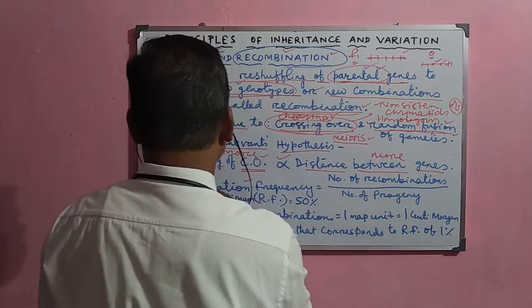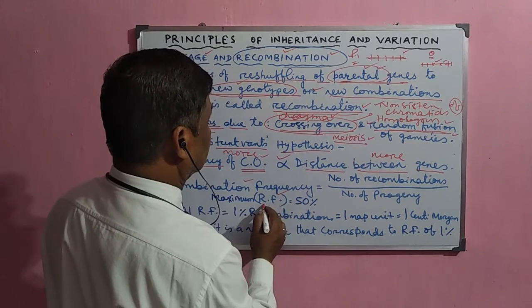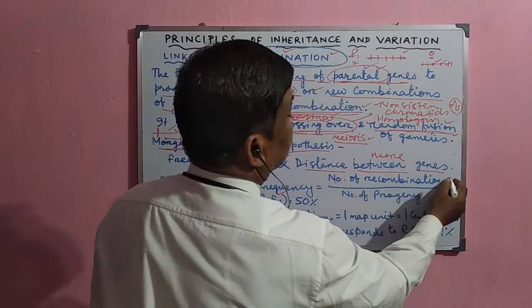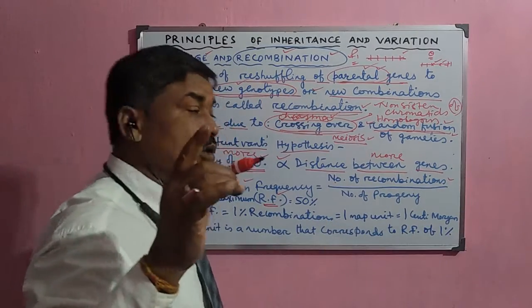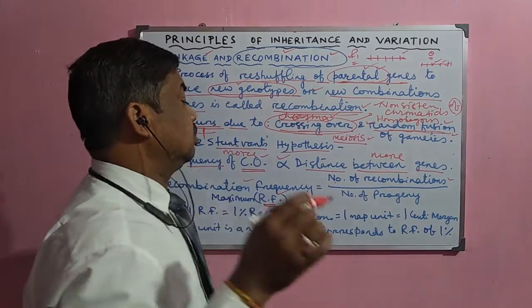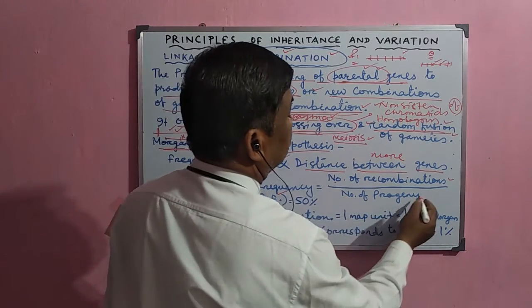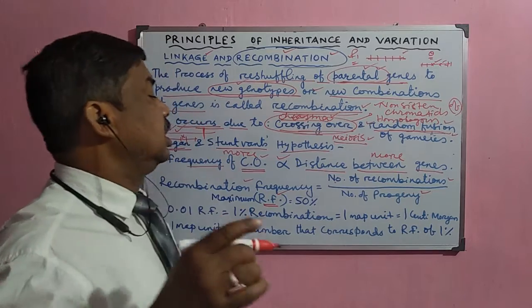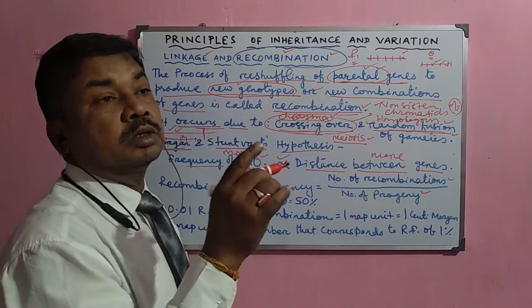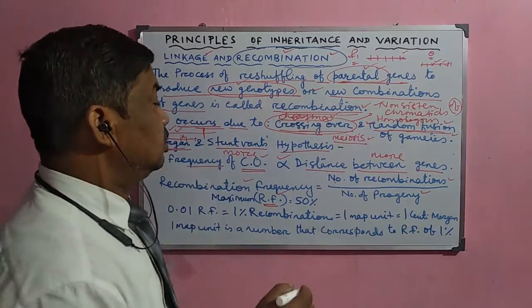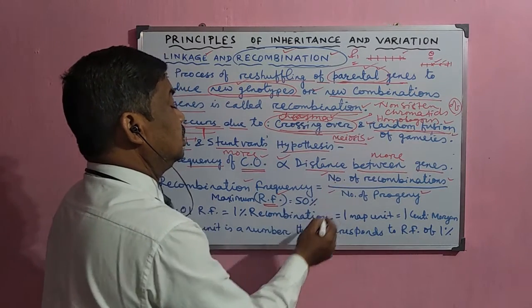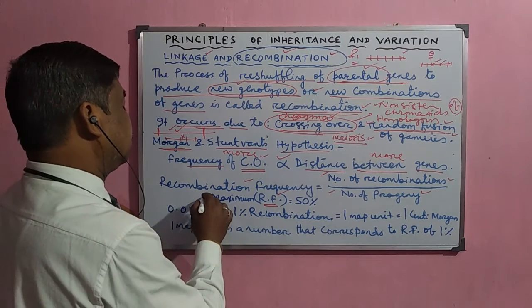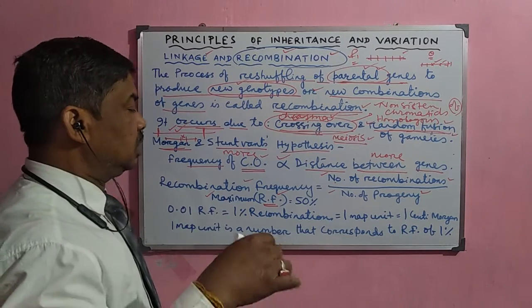Now, this recombination frequency, in short RF, is equal to the number of recombinations, that is, how many recombinations occur, divided by the number of progeny formed. These two data indicate the recombination frequency for that particular organism or species.